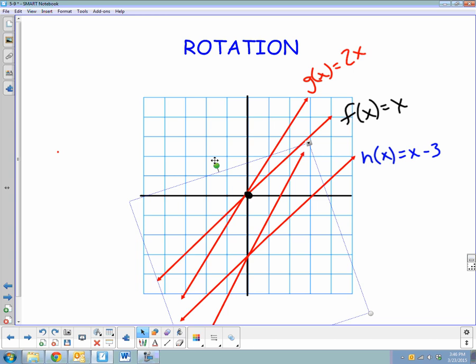It would rotate around the point 0, negative 3. So the first one, from f of x to g of x, it rotated around the point 0, 0. From h of x to this other one, it rotated around the point 0, negative 3. And I'll do an example of that and how that would look in a problem in a little bit. But that's a rotation. It rotates around a certain point.